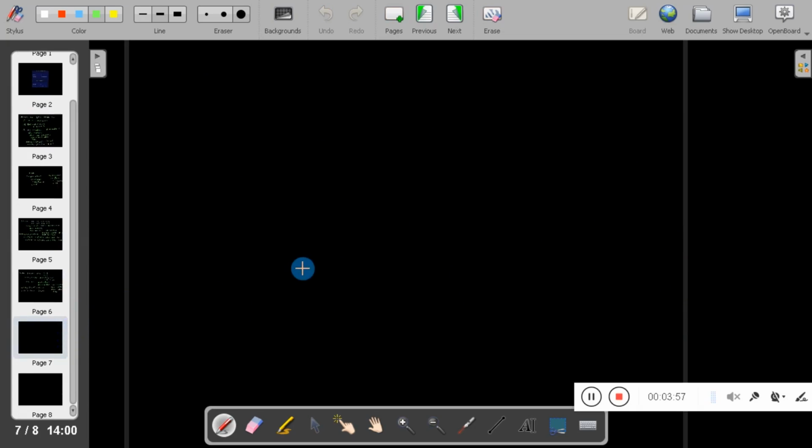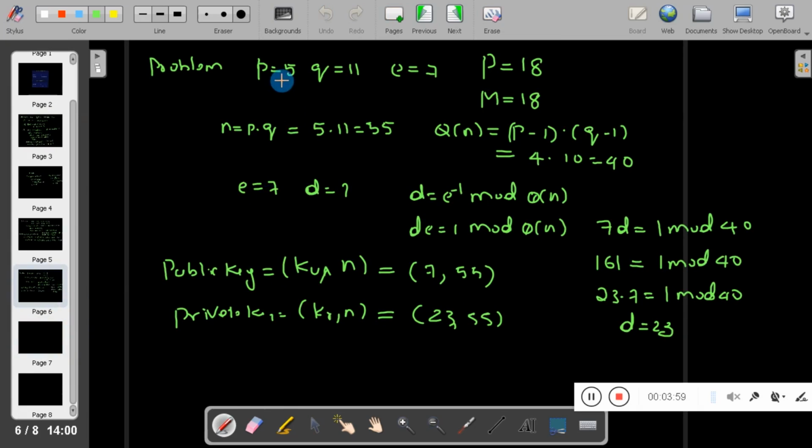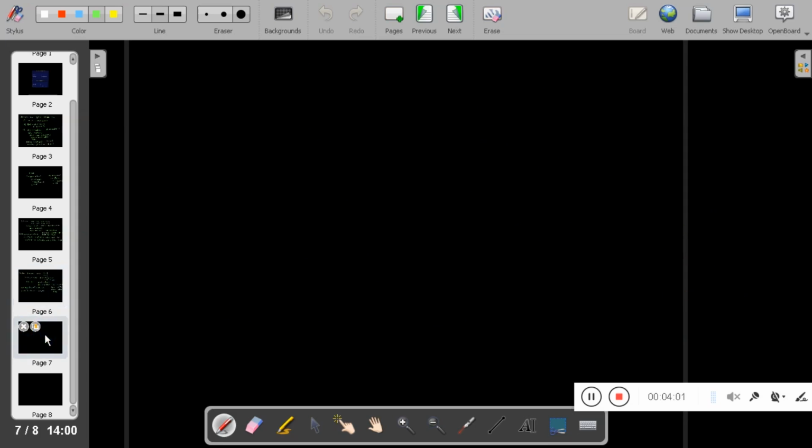So now we got the values 7 and 23, that is e is equal to 7 and d is equal to 23.